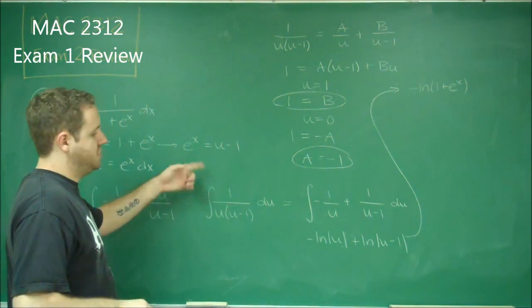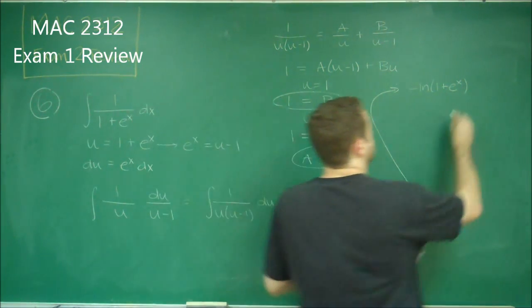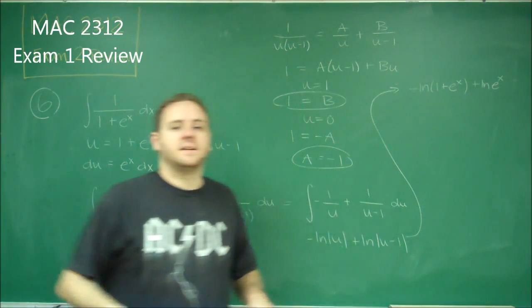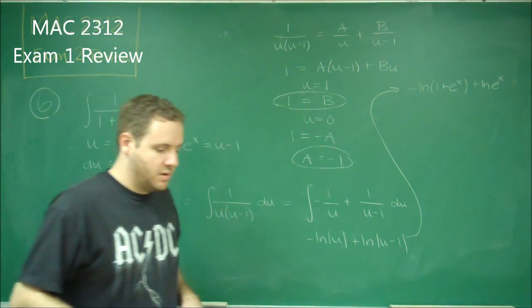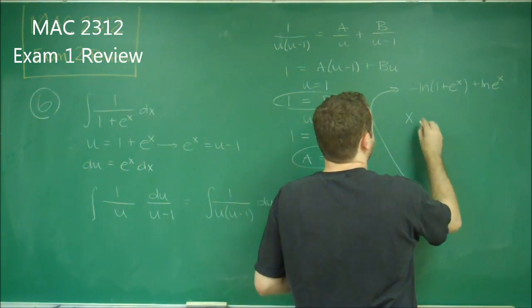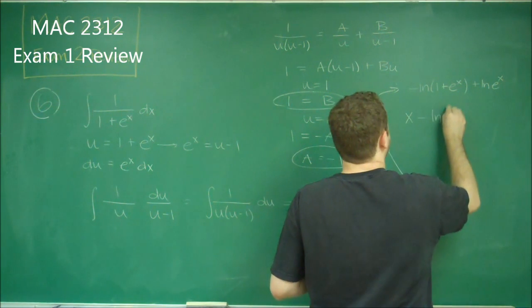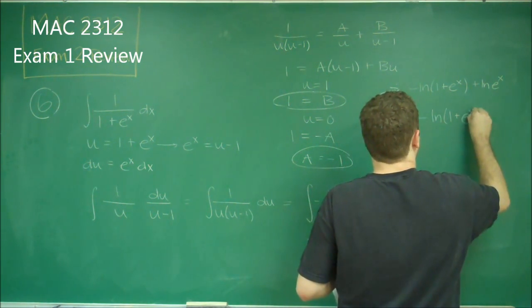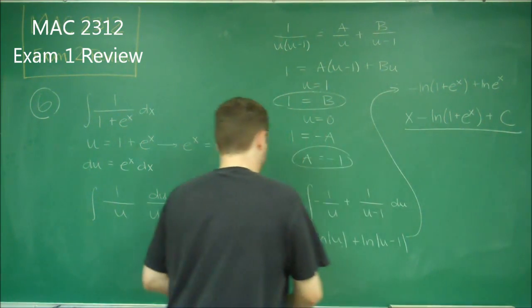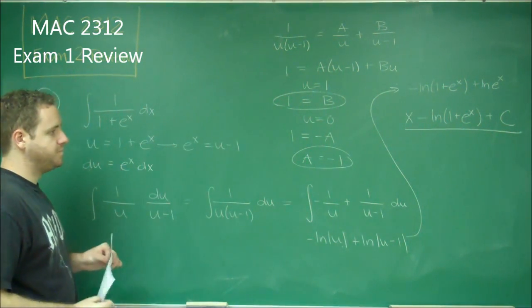U minus 1 was just e to the x, so this last one is just plus ln e to the x. But ln of e to the x is just x. So what we're going to get here, if you write it in a slightly different order, we get x minus ln 1 plus e to the x plus c, and that's going to be our solution.